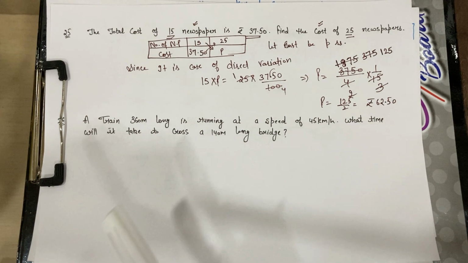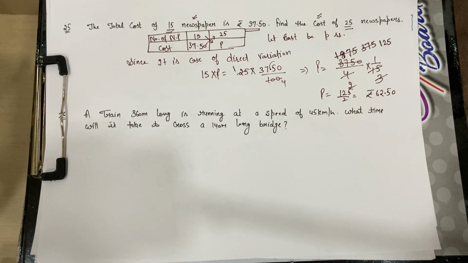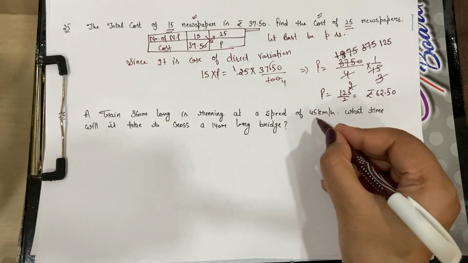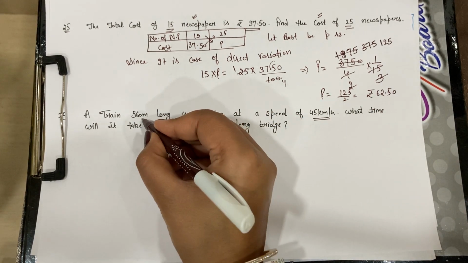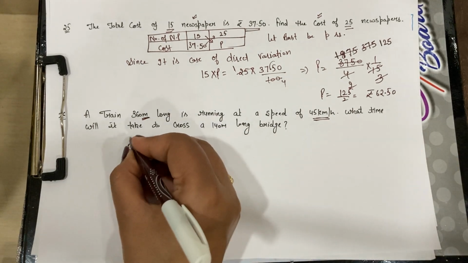Now let's do a concept which is really very important. It is part of inverse and direct variation, but I will not be teaching it to you with the help of inverse or direct. I'll be teaching it to you with the help of the formula distance is equal to speed into time. See beta, a train 360 meter long is running at the speed of this. First of all, see, it is in meters and it is in kilometers. We'll change the speed.